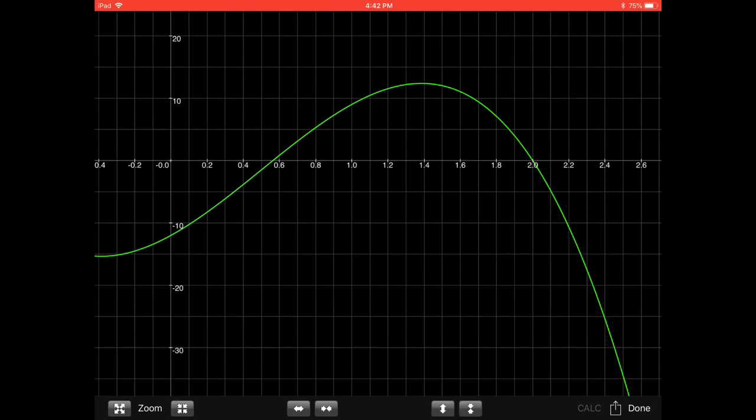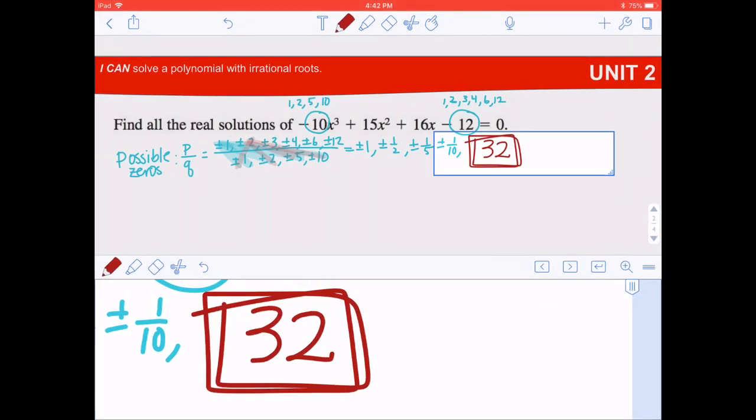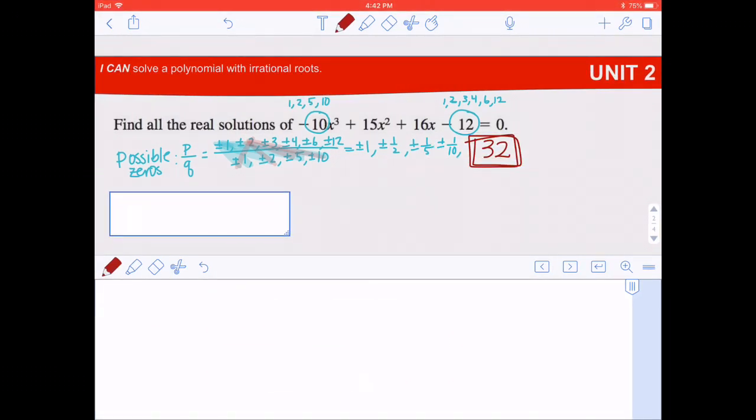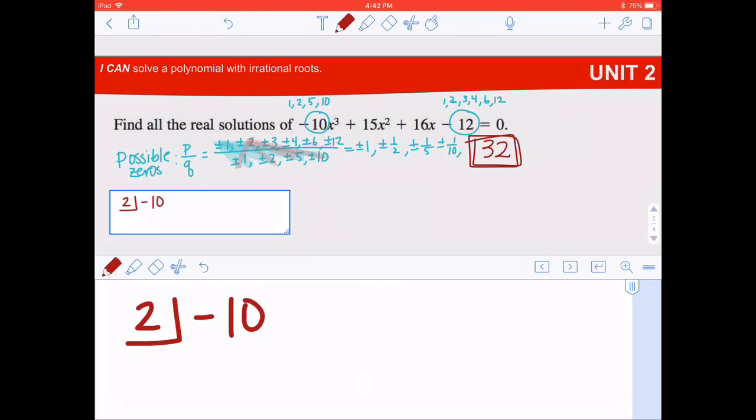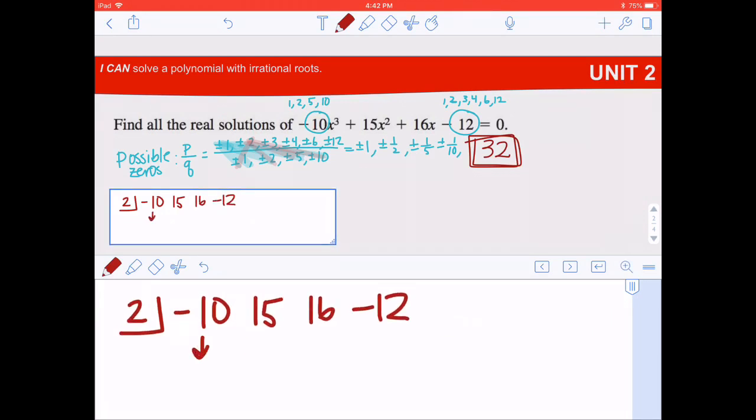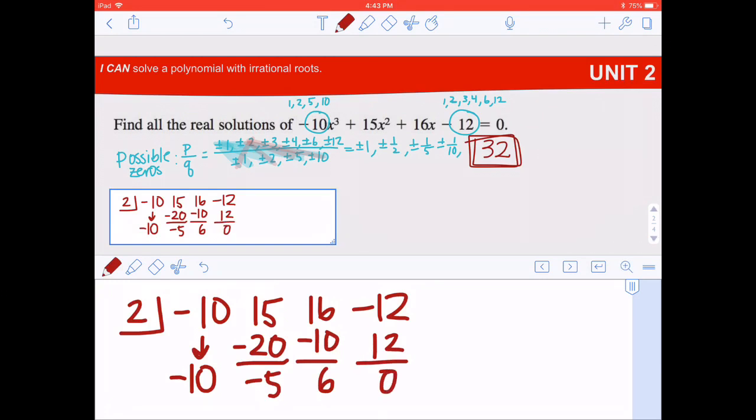So the way we're going to check that is we're going to do synthetic division using 2 here. Our polynomial has negative 10, 15, 16, minus 12. I'll bring down that minus 10 times 2 is minus 20. Minus 5 times 2 is minus 10. Gives us 6 times 2 is 12, which gives 0.